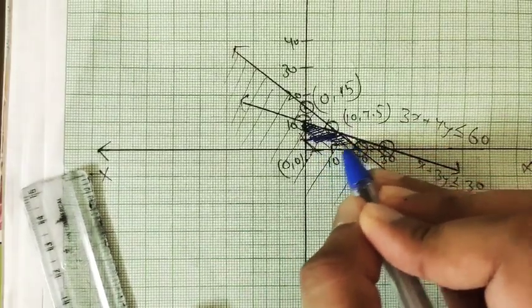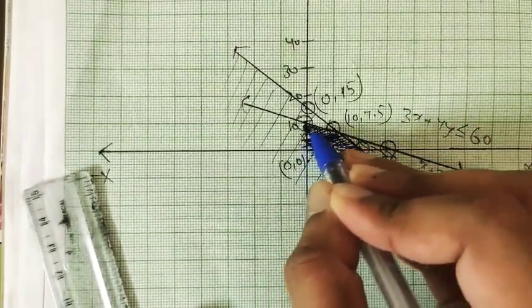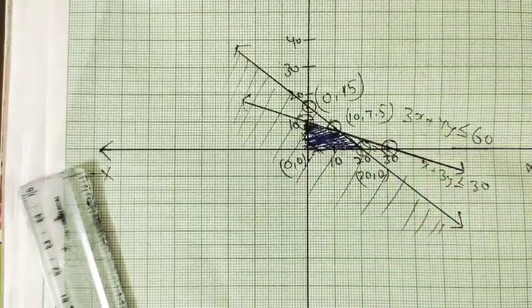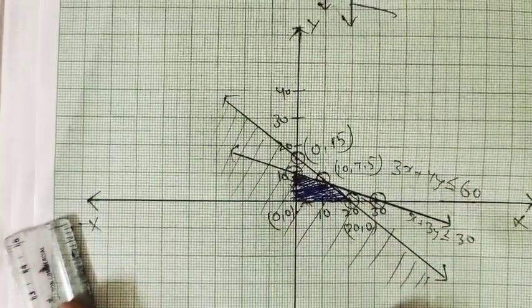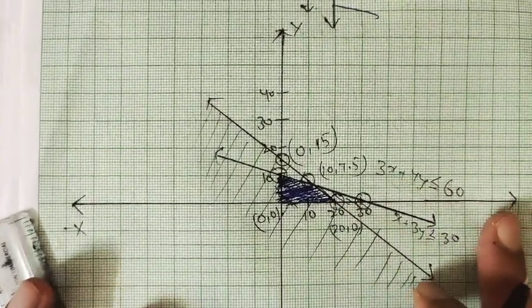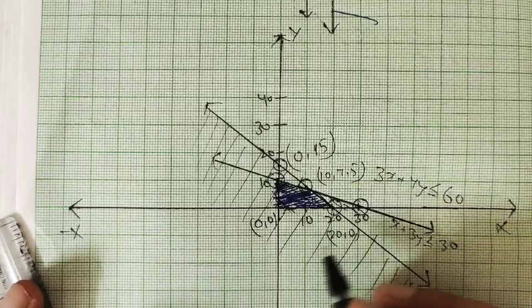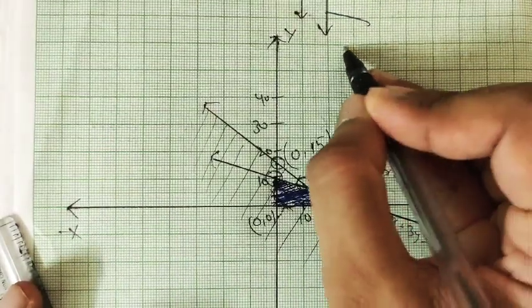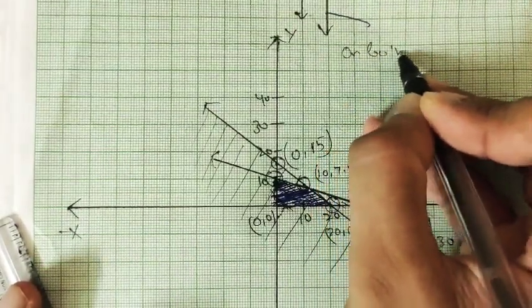So only this portion we have to take. This is our required region, and just take a bigger scale. I would suggest you take bigger scales, 5, 5, 5. So the scale I am writing here on both axes.